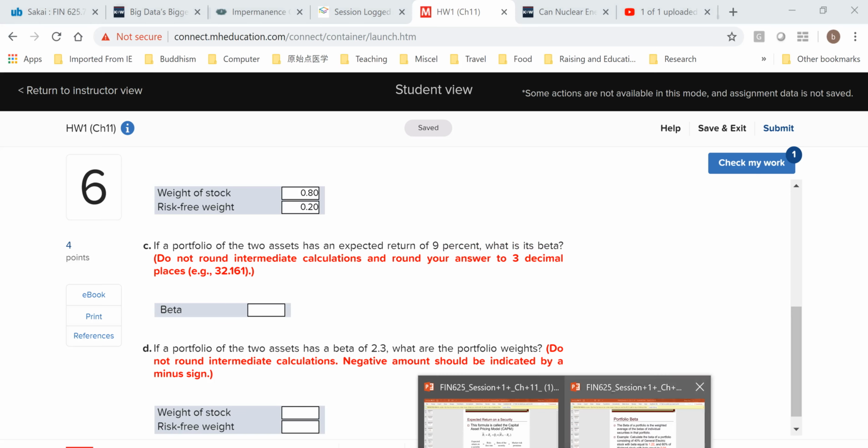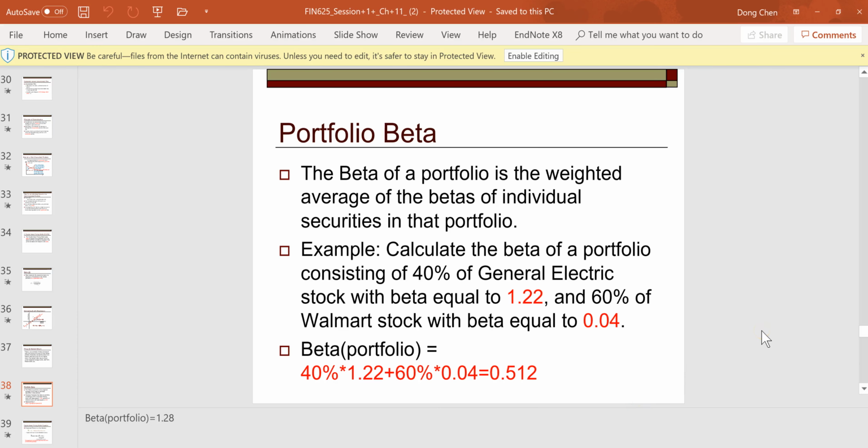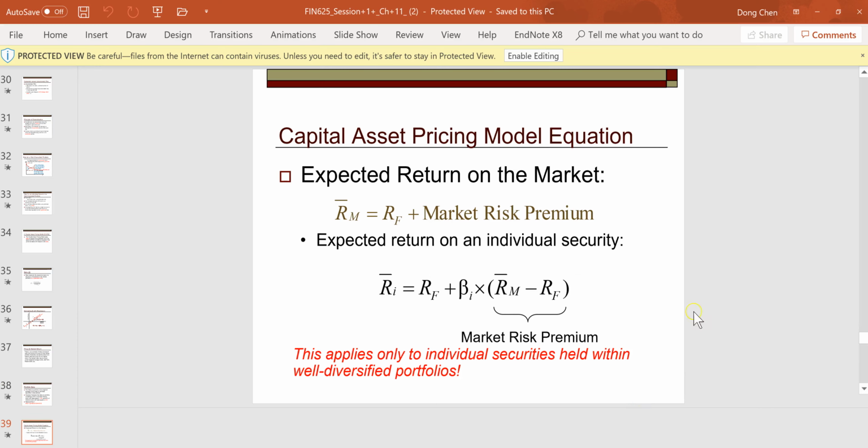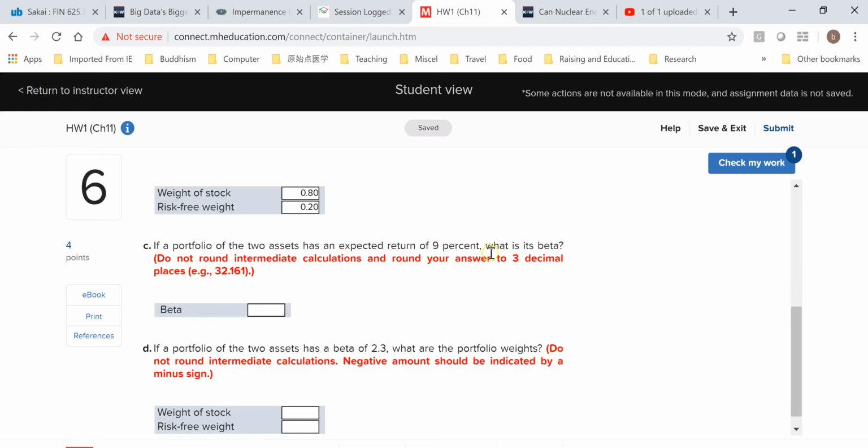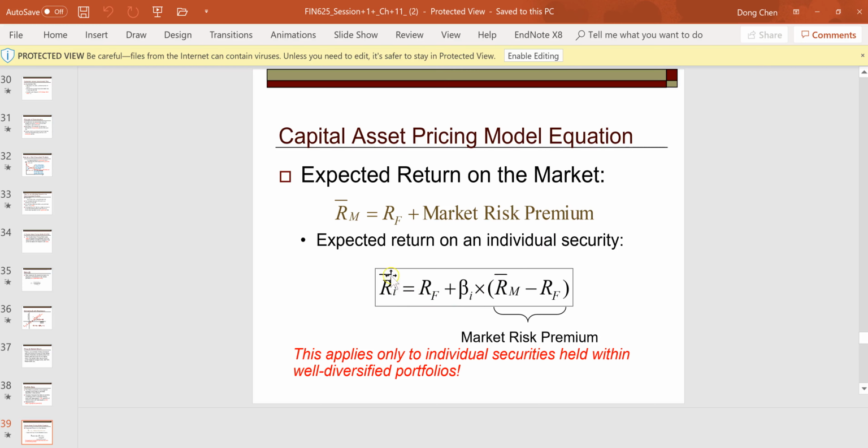And here we want to use the CAPM, the capital asset pricing model, because this model can link the inputs together, right? So the return of an asset equals the return of the risk-free asset, which is given, plus beta, which we need to solve for, times RM minus RF. So the only unknown here is RM.